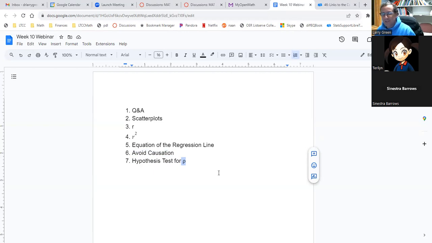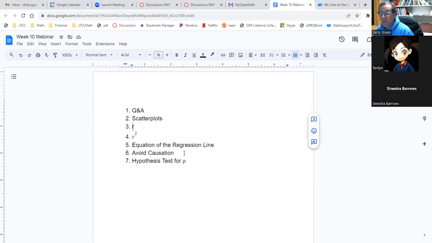And rho turns out to be the Greek letter for R. So rho is going to be the population correlation.